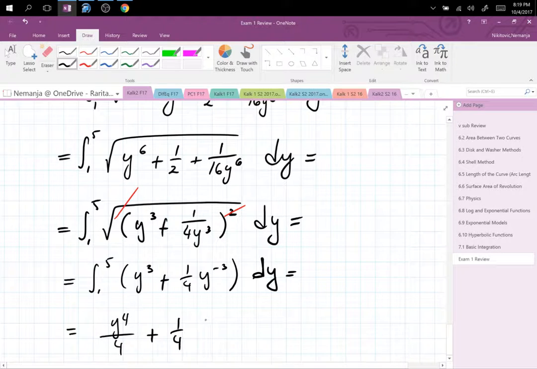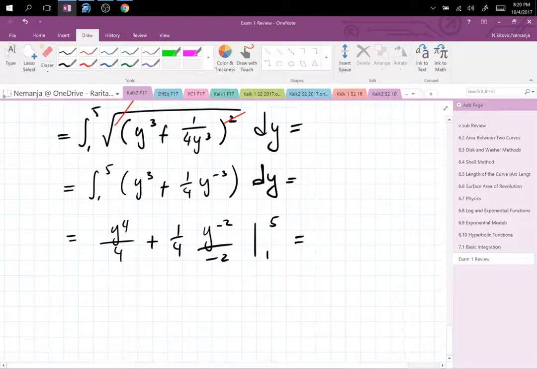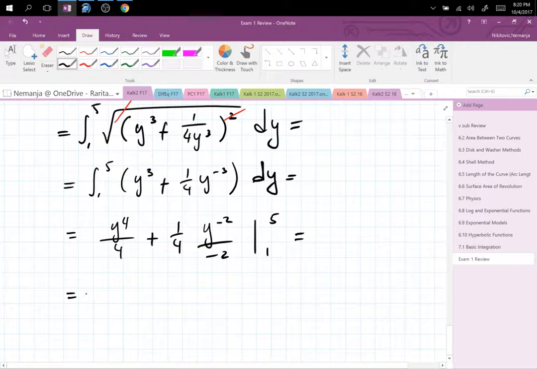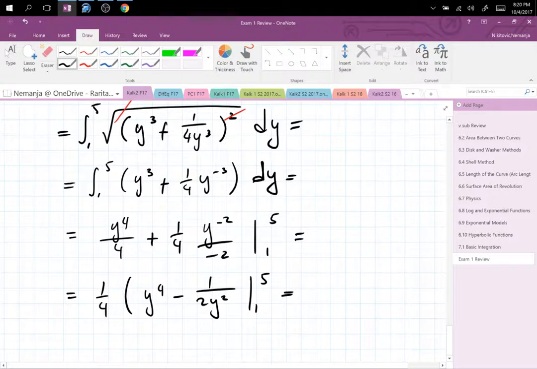And then 1/4 y to the -2 over -2, computed from 1 to 5. We can actually kick 1/4 outside and just have y to the 4 minus 1 over 2y squared from 1 to 5.